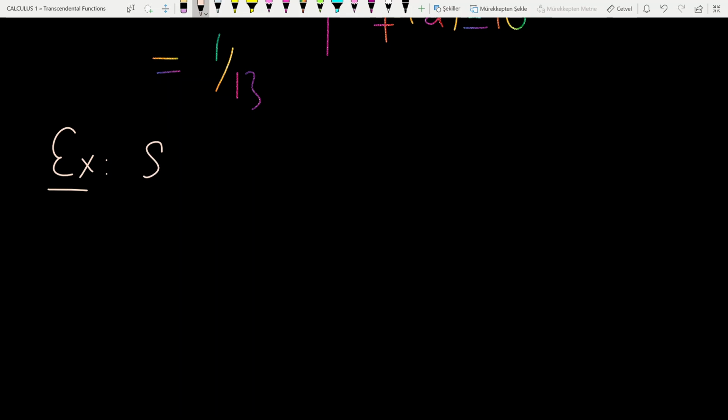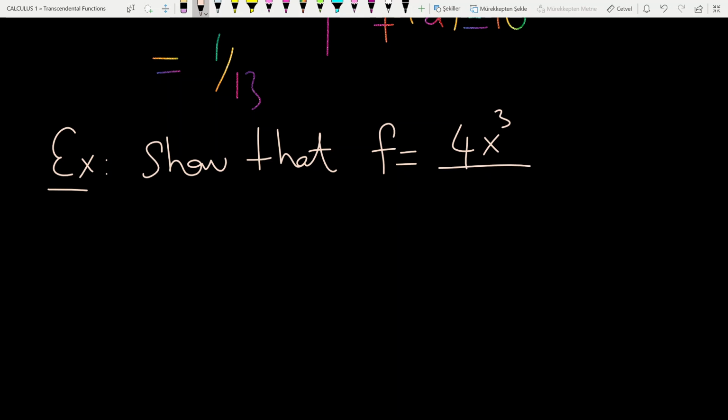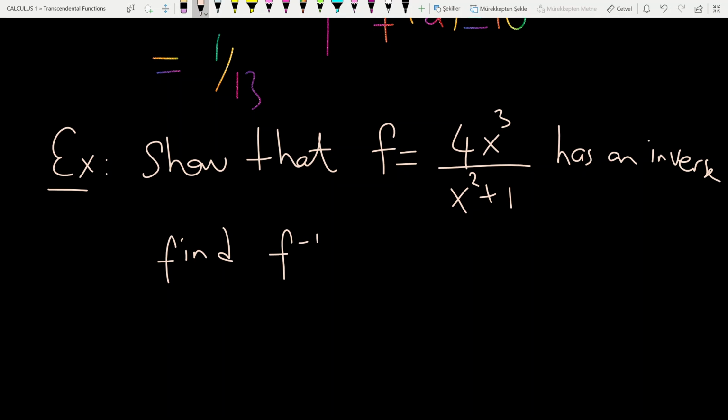Show that, the next question, show that f, which is equal to 4x cubed over x squared plus 1, has an inverse. This is the first part of the question, and the second part, find derivative of inverse of this at 2.